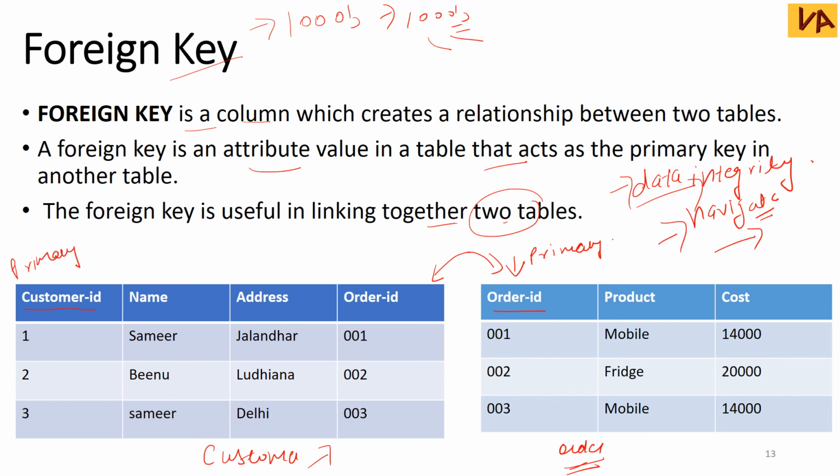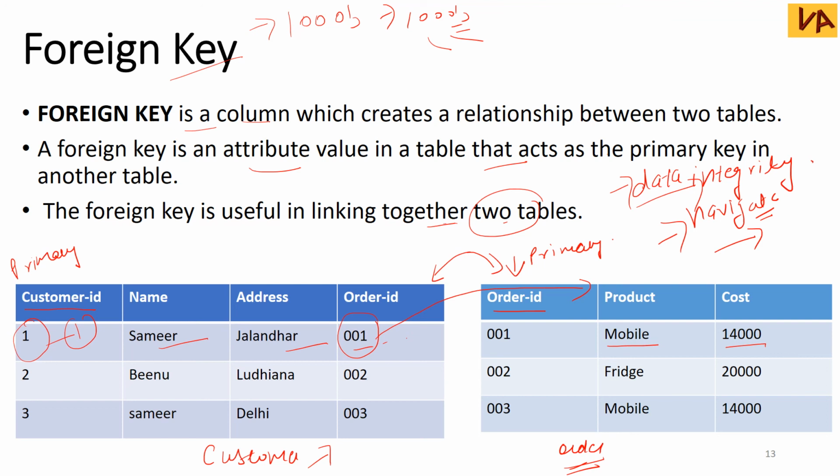Now why are we doing this? For example, if we want to know about the customer with ID 1, name Sameer, address Jalandhar and order 001, what further details that order has, then we will get to know the product detail, mobile, and the cost related to the product.